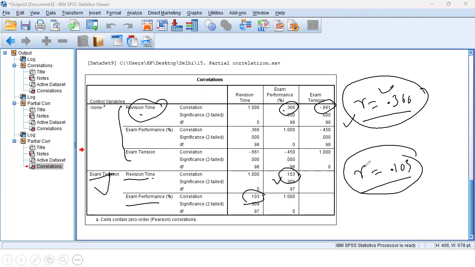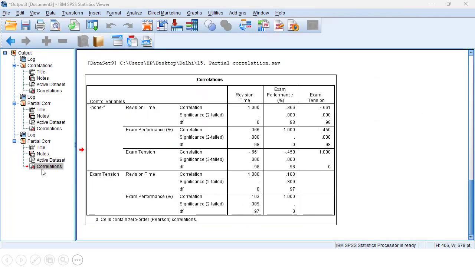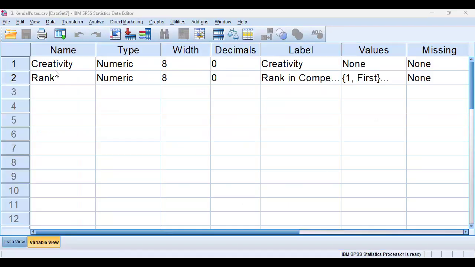So this is about the partial correlation, and one is the Kendall tau or Spearman correlation. Now you can see another case study.